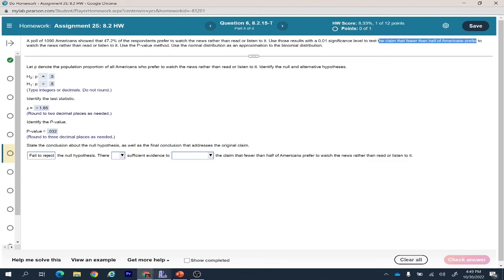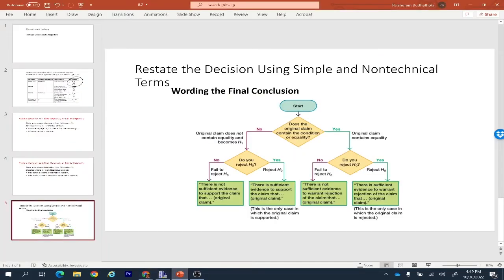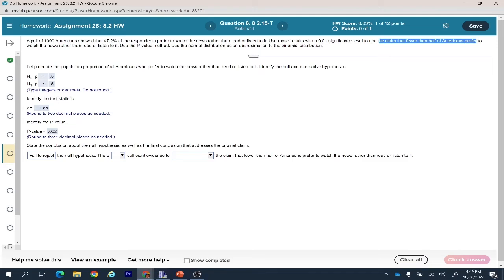Fewer than half. So does the original claim contain the condition of equality? It's not equality, it's not a condition, so it's no. Do you reject the null hypothesis? No. So fail to reject the null hypothesis. There is not sufficient evidence to support the claim. That is the answer. So there is not sufficient evidence to support the claim.